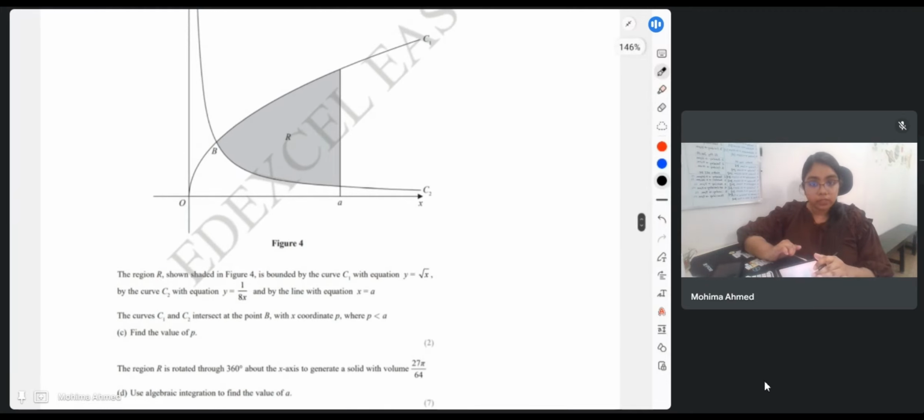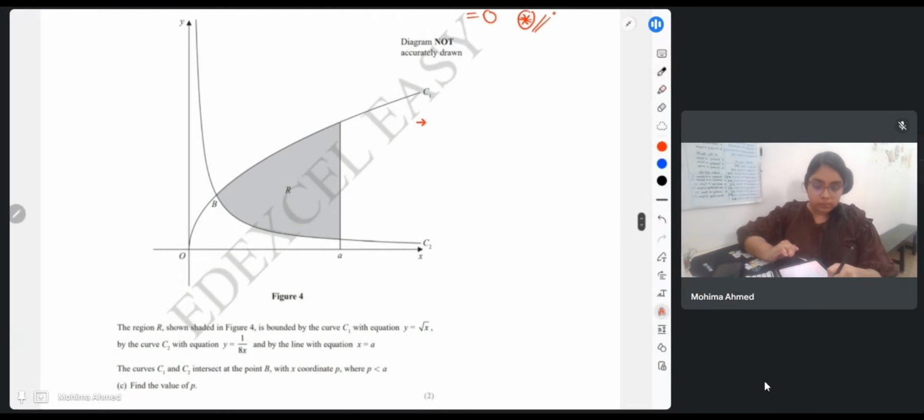We can clearly see a graph over here. From this graph, there's a region R. This is curve 1, this is curve 2, and the region R is bounded by the vertical line x equals a, and the two curves are intersecting at point B also, right?